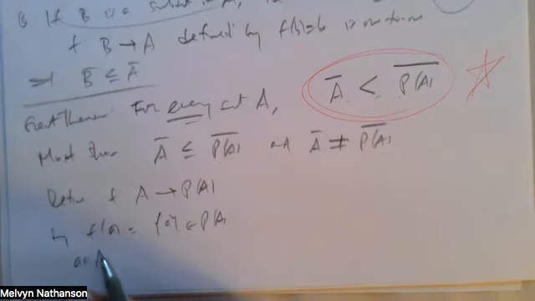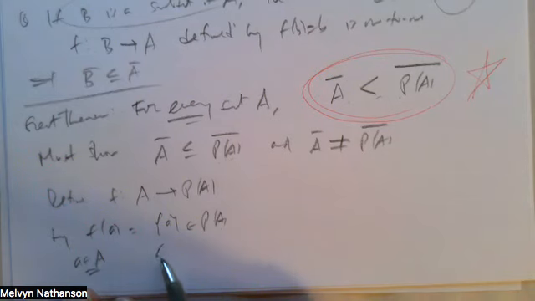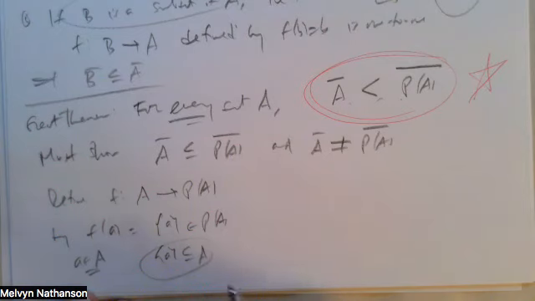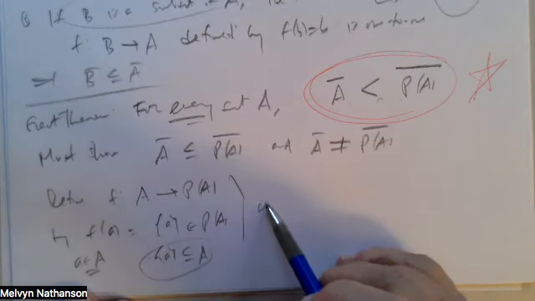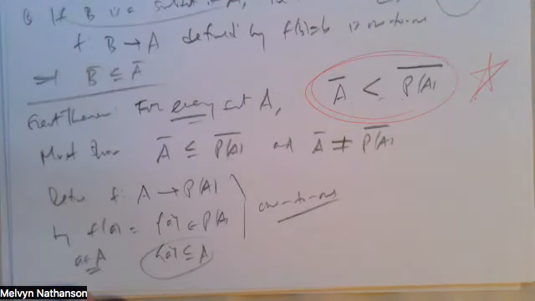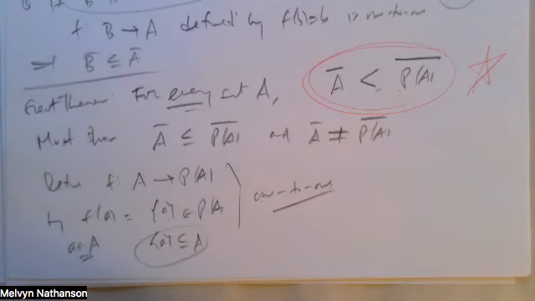So a is an element of the set A, and if you take the set containing only a, that's a subset of A, so it's in the power set of A. And every element of A gets sent to a different subset of A. So this function is 1-to-1. You might have to think about this for a little bit, but this is a 1-to-1 function from the set A to the power set of A.